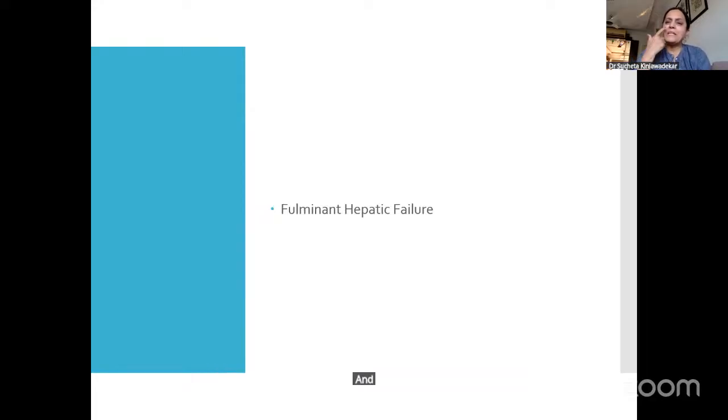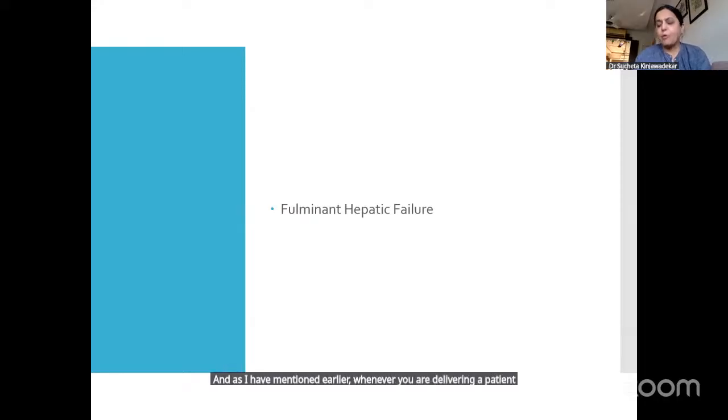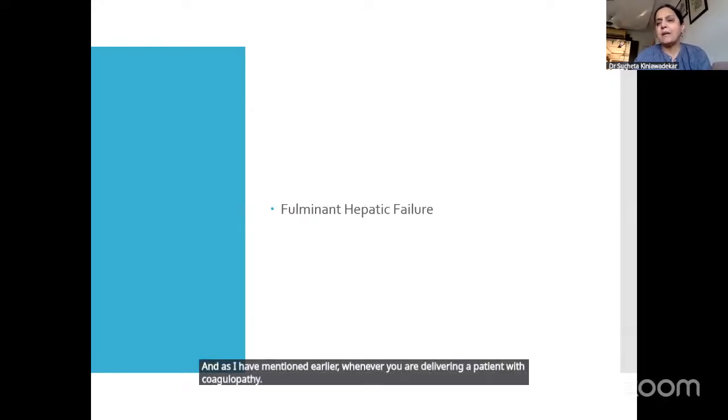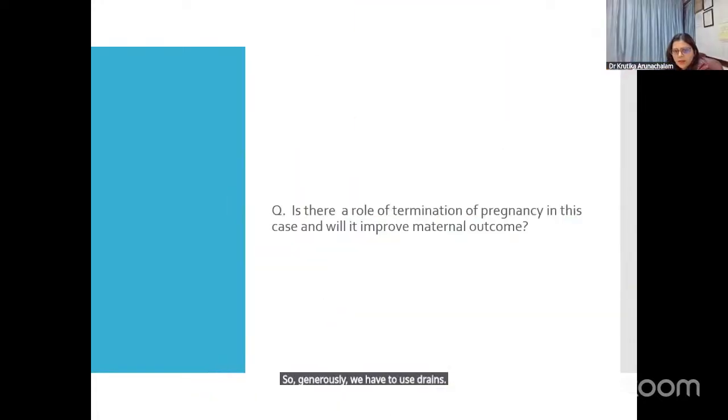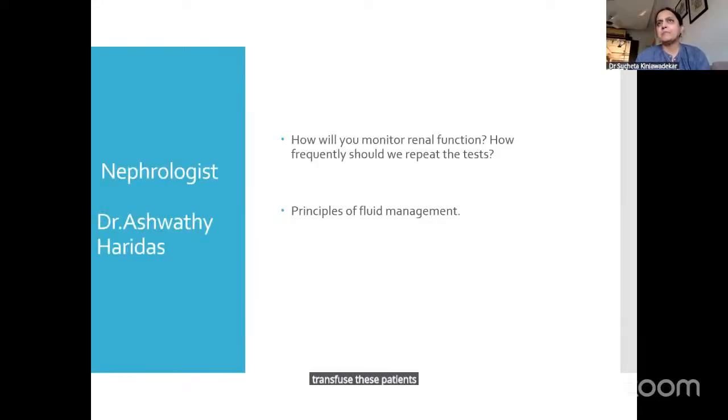And as I have mentioned earlier, whenever you are delivering a patient with coagulopathy, we need to have a drain in the peritoneal cavity, in the abdominal wall. So generously, we have to use drains. Transfuse these patients with all coagulation factors and plasma and things like that.